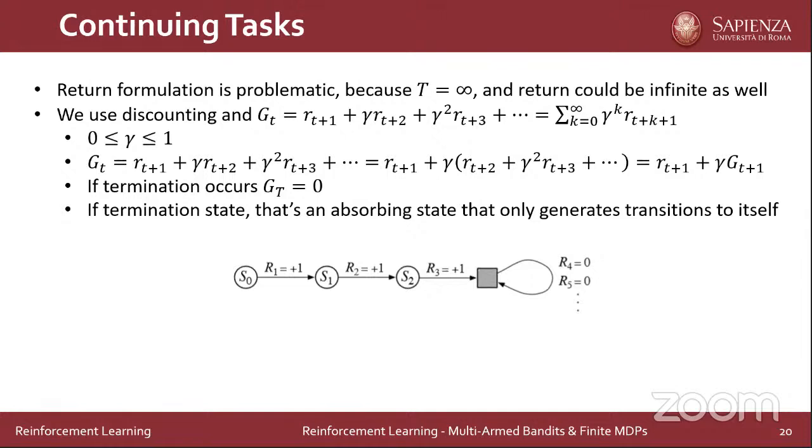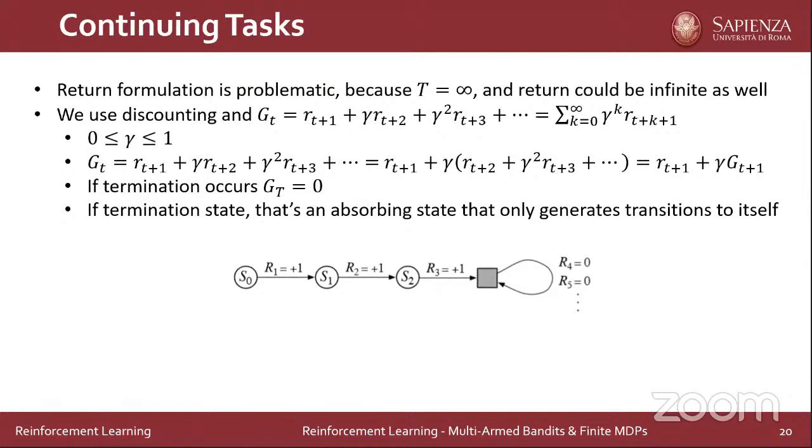If gamma is 0.99, which is a common value for gamma, then you're giving a lot of importance to the future, but you can also be a bit more short-sighted, which is also useful in the case of continuing tasks, because otherwise your return sums to infinity.